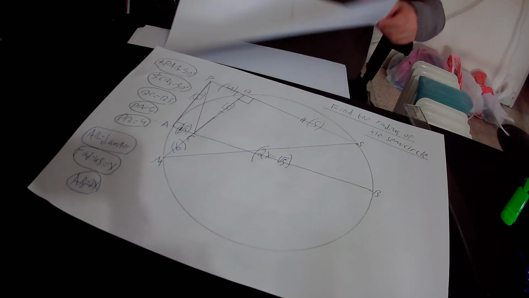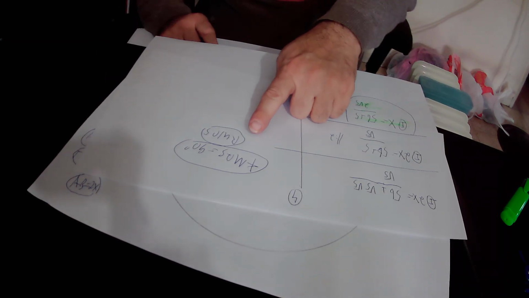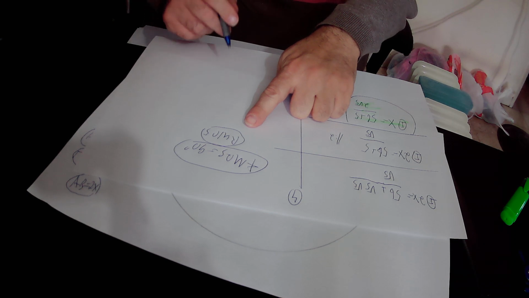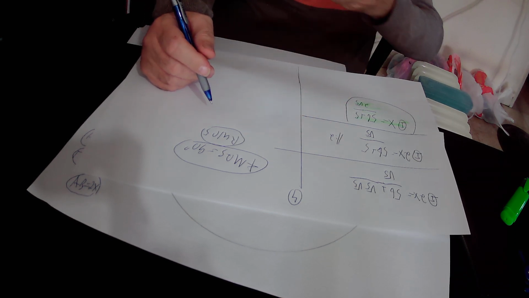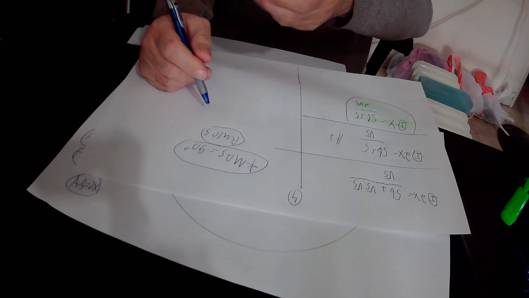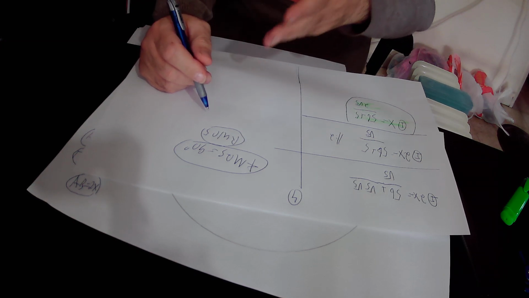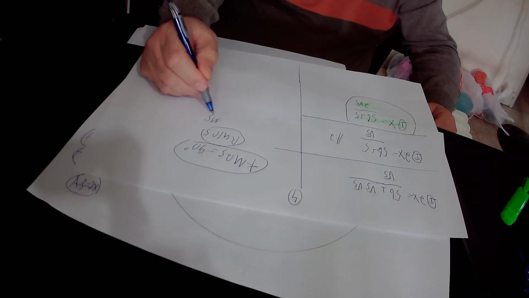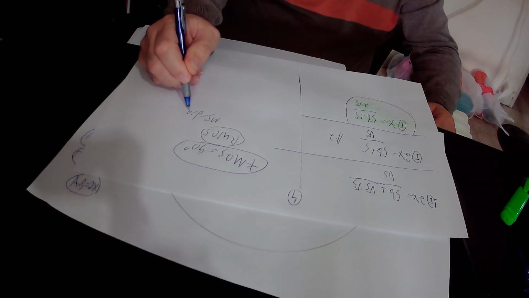So I write it down: because peripheral angle MQS equals 90 degrees, according to rule number 5, it must rest on the diameter of the circle. From the drawing, it is very easy to see that peripheral angle MQS rests on MS. Therefore, MS must be the diameter of the circle.